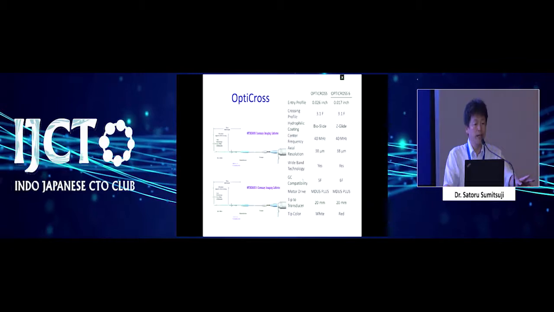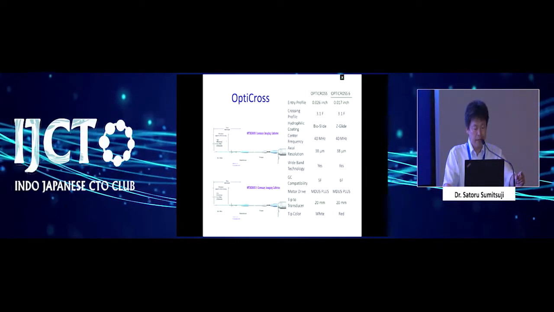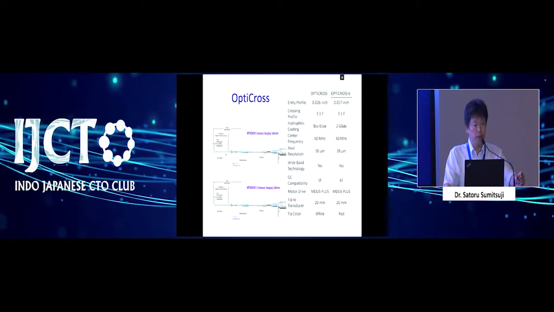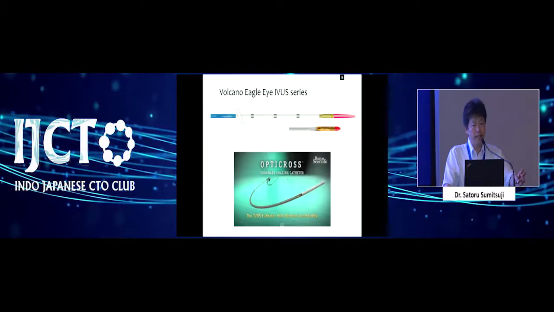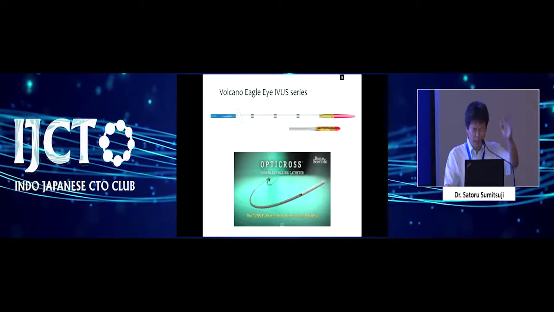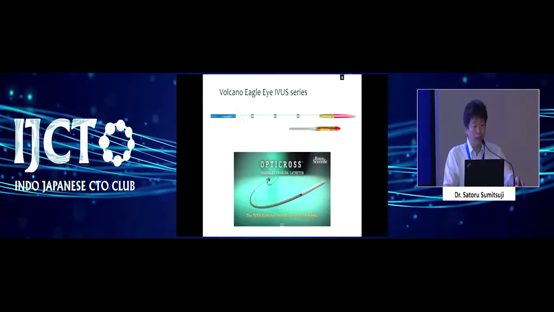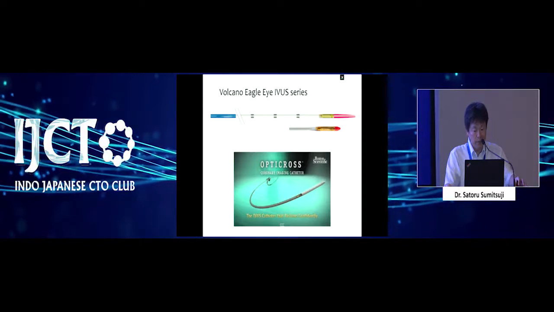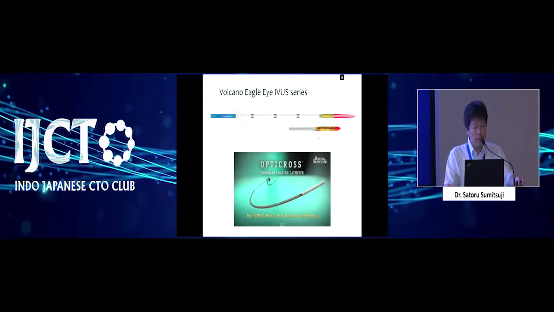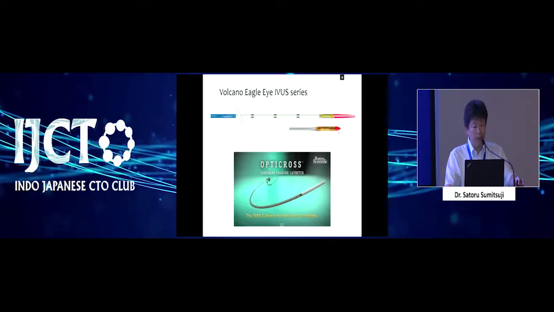And Volcano has another advantage, that is this length. This length means the tip to the transducer. Opticross or some other, the Volcano revolution, the IVUS catheter from the Volcano as well, the mechanical type must have this length longer, 2 centimeters or something. But the Eagle Eye is much shorter, and the shorter type of the Eagle Eye is much, much shorter.